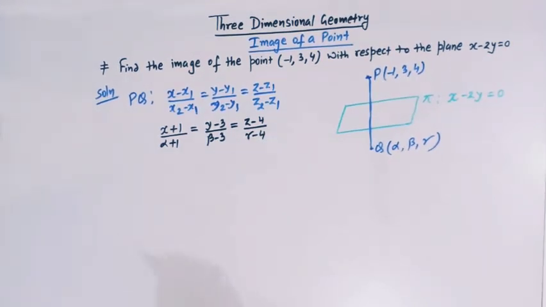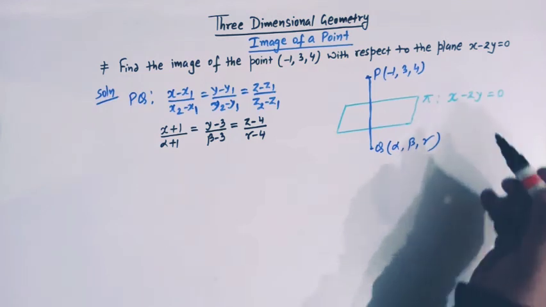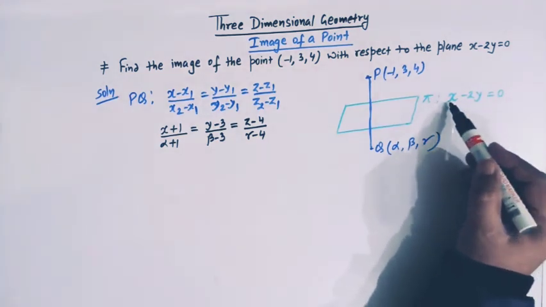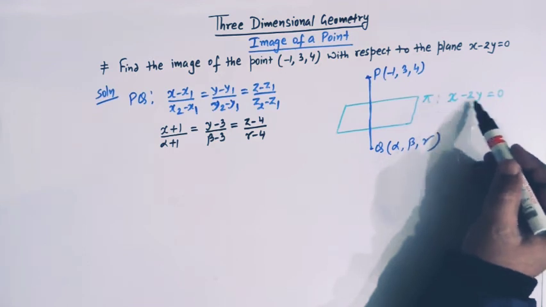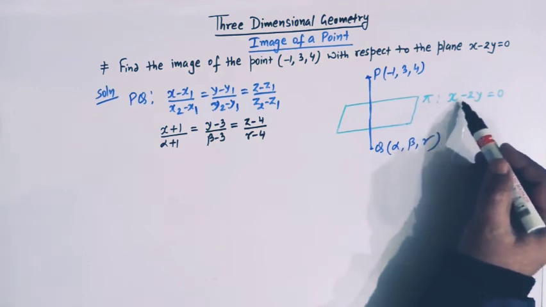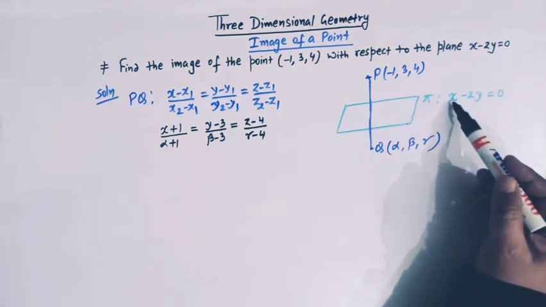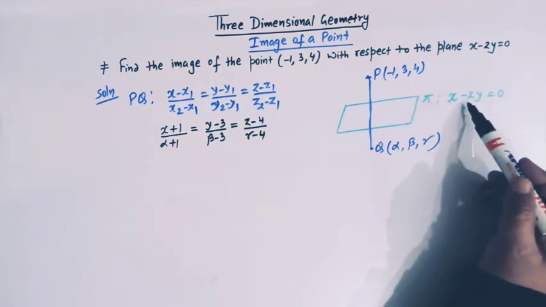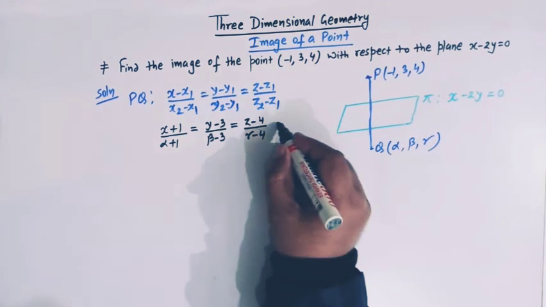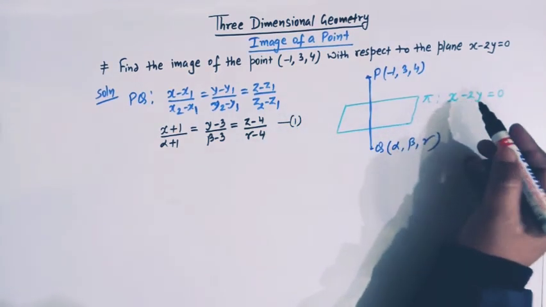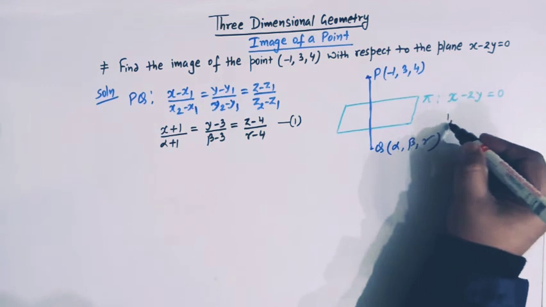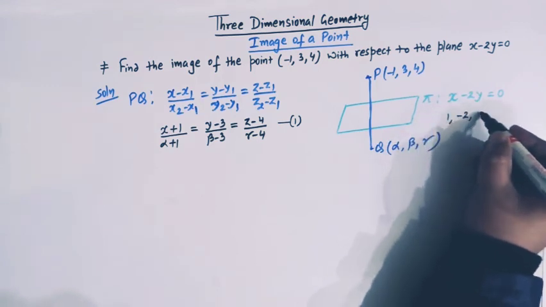Right? Okay. Now let us have a look at the equation of this plane, and if we look at this equation, we see that the direction ratios of the normal to this plane are given by 1, minus 2 and 0.